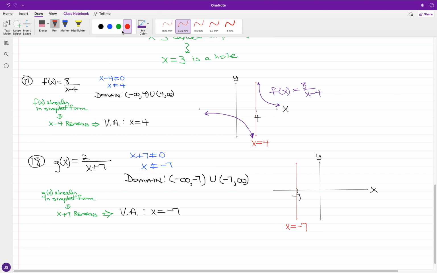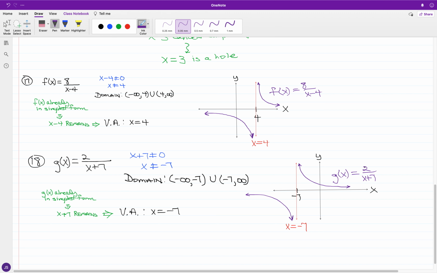And for the graph of g of x, once again, this will be split up into two separate regions. And once again, neither section comes into contact with x is equal to negative 7, or whatever the vertical asymptote happens to be.